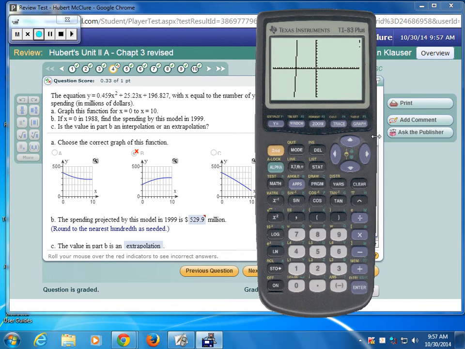Now you may not be able to see it at first, so you might want to either zoom out or do a zoom 0, and there it is.